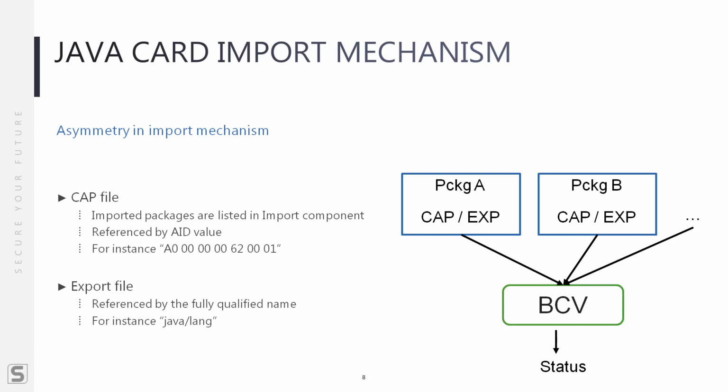Indeed, when an application needs to import another package, the imported package is referenced by its AID value in the cap file, but in the export file, the fully qualified name is used to reference the package. The attack will use this asymmetry to induce errors during the checks performed by the bytecode verifier.